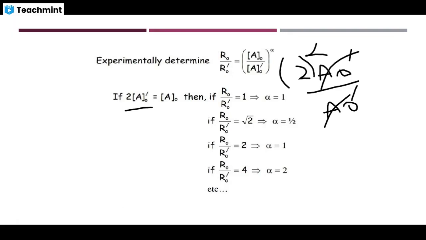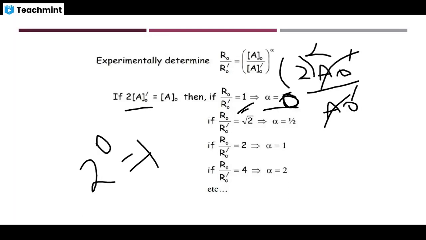If you get 1, the alpha value should be 0, a zero order reaction. Only then 2 power 0 equals 1. That's why I was confused.